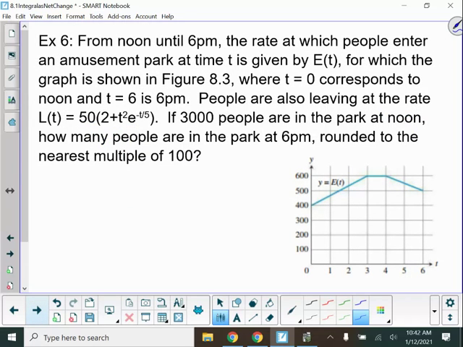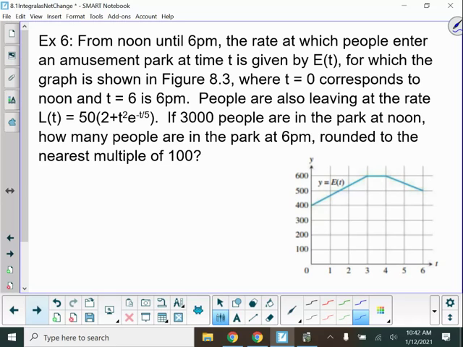This is an interesting relationship because this is one where we're dealing with people coming into a park and people leaving a park. It says from noon to 6, the rate at which people enter an amusement park at time t is given by E of t. That's our graph down here in figure 8.3.